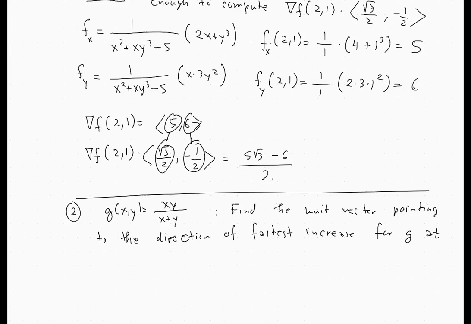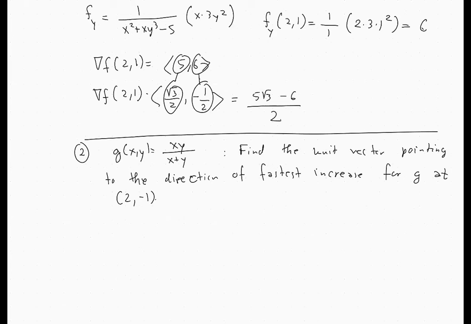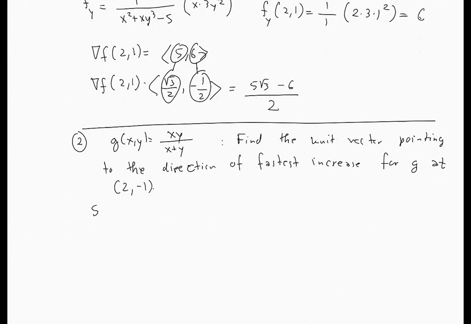Okay, so from our theory, we know that the direction of fast increase is the direction of the gradient. So what we need to do is find the gradient. This is not necessarily going to be a unit vector, and we need to normalize it. Okay, so that's what we're looking for.